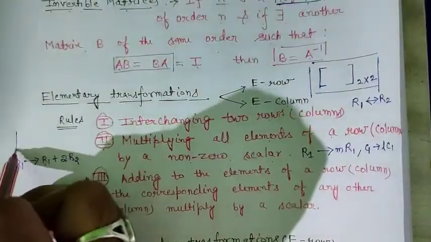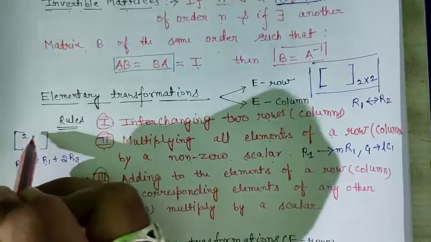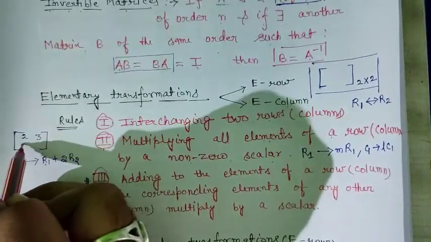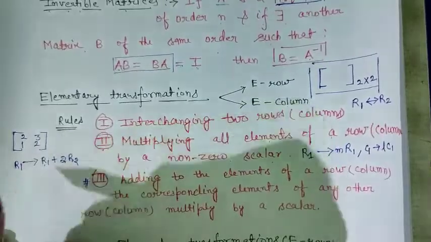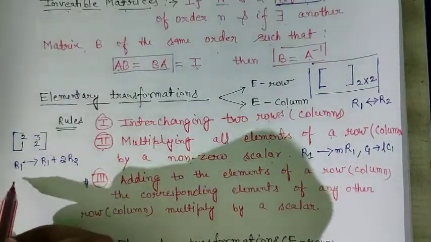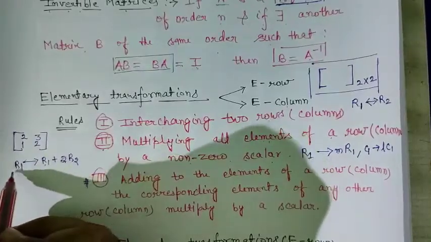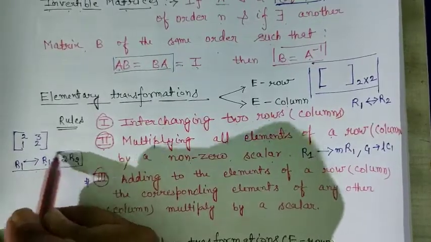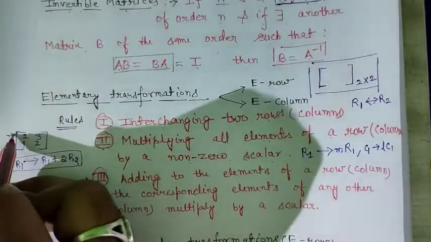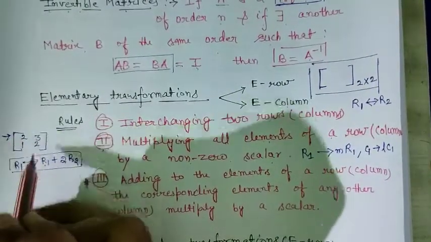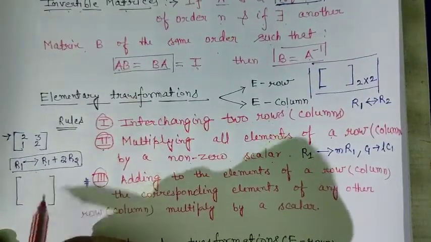Suppose I have the matrix with rows 2 3 and 1 2. If I apply this rule, see what will happen. This is R1.